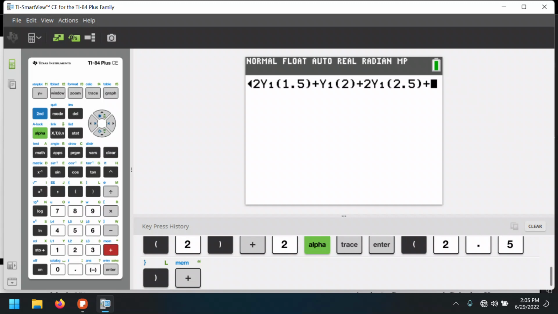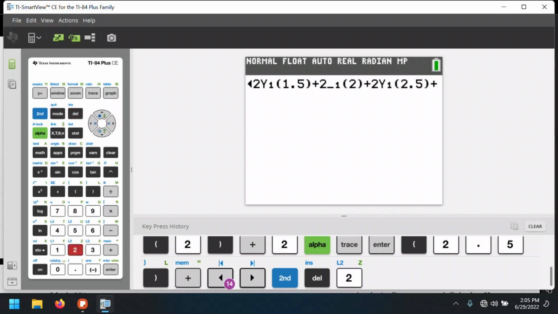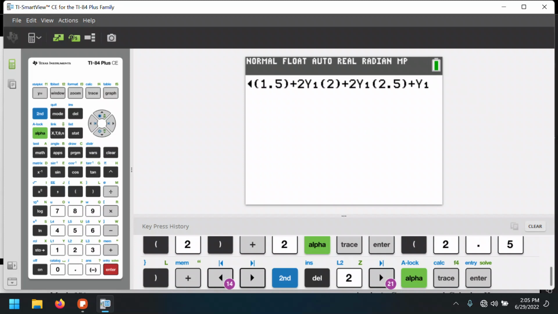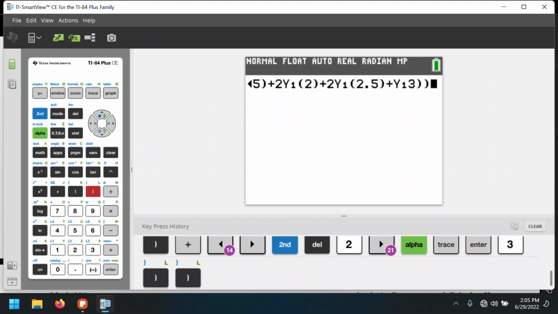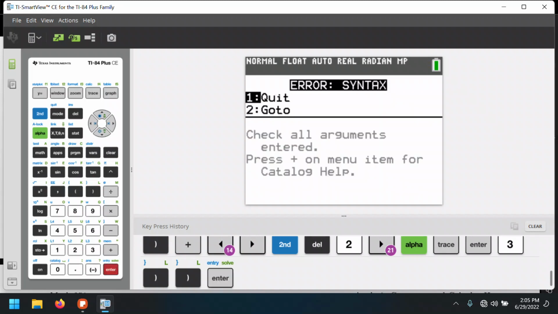But that one doesn't get multiplied by 2, so be careful with this one. And I believe I didn't multiply 1, right? Second insert 2. You can just use the insert function instead of deleting everything. And that's alpha trace enter 3, and close parentheses for the whole expression.